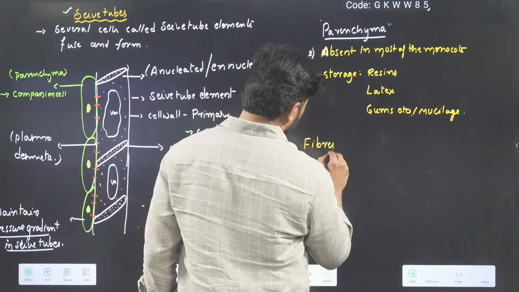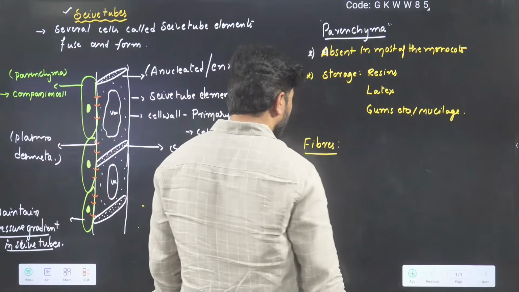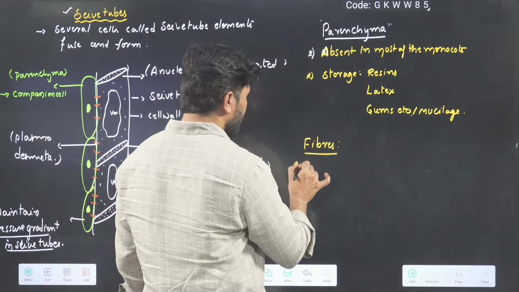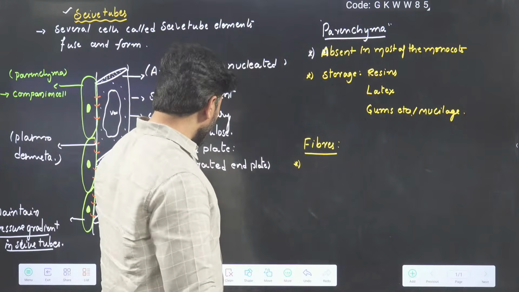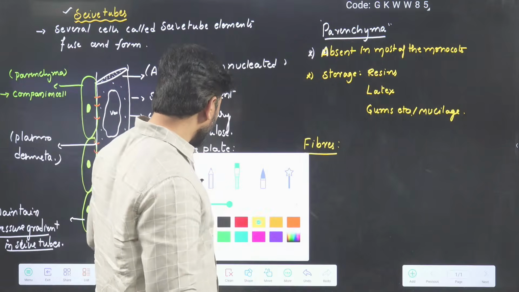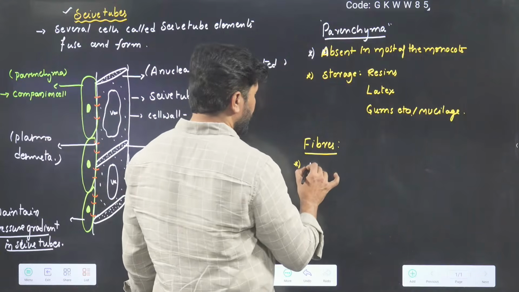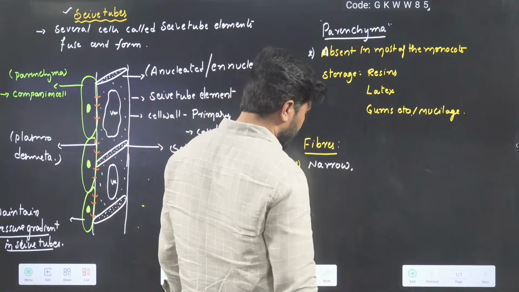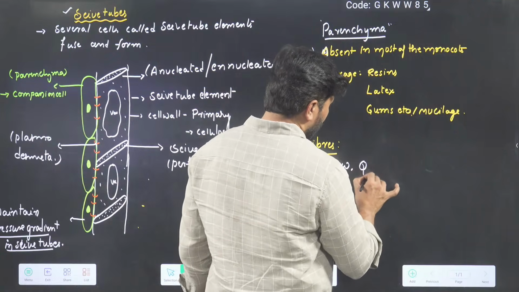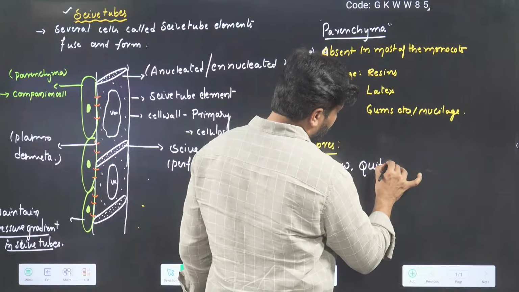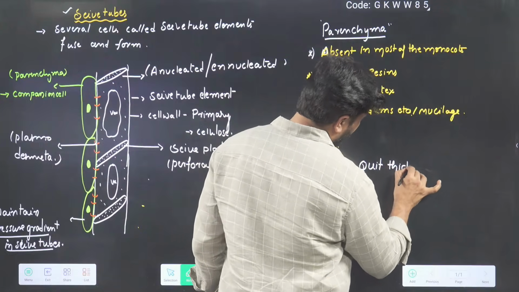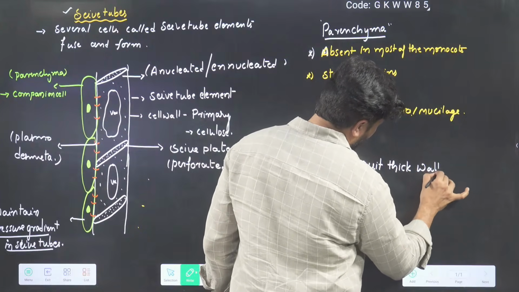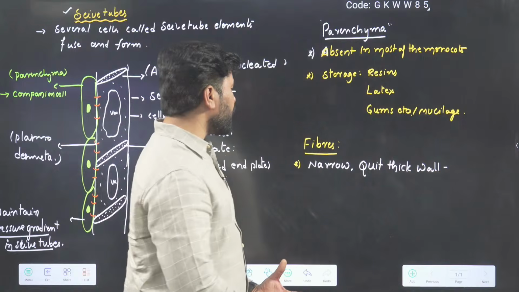Then go to phloem fibers. Obviously, they are sclerenchymatous fibers. In that, the fundamental characters will be the same. What is the fundamental thing? Narrow cells, because they are fibers. Next one, very thick wall. Is the thick wall lignified or non-lignified?